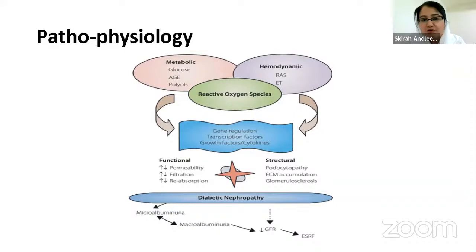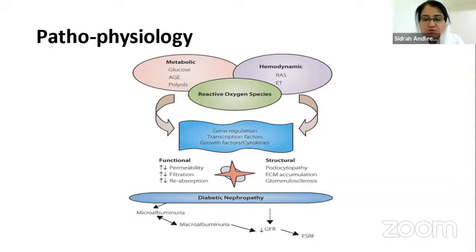And this proliferation may lead to inflammation within the kidney and increase in the space. So what happens in inflammation is that there is an increase in the size of the space or the interstitial spaces, and there is hyperfiltration of albumin out of the kidney. So the patient may end up losing a lot of albumin. So there will be albuminuria.